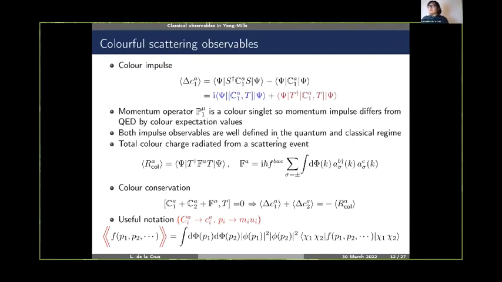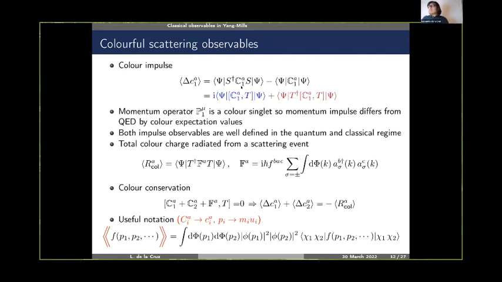Now I can construct a new observable, the color impulse, by again taking the difference between the operator evaluated at some initial state and some out state. The out state I evolve with the S matrix, such that my observable is just the difference between two quantities evaluated with respect to in states.